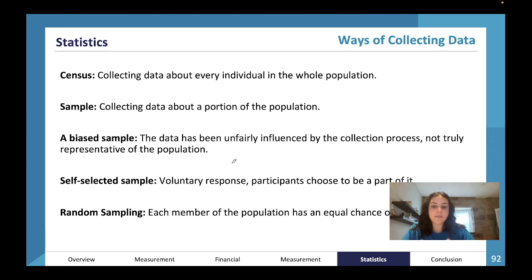A self-selected sample is a voluntary response. So you choose to be a part of it. It might be fill out this survey about your local parks and it's just posted online and anyone can fill it out. Random sampling is when every member of a population has an equal chance of being selected. So it might be we're going to choose 5 people from this group of 50 people in this maths class. Everyone has an equal chance of being one of those 5 people.